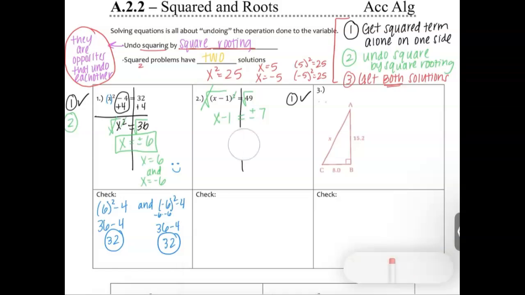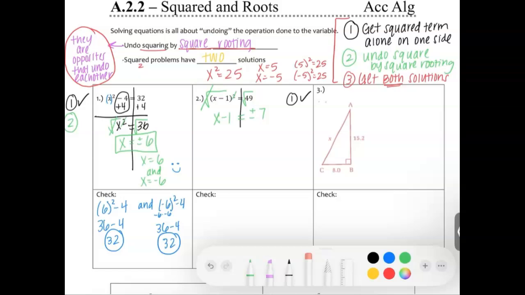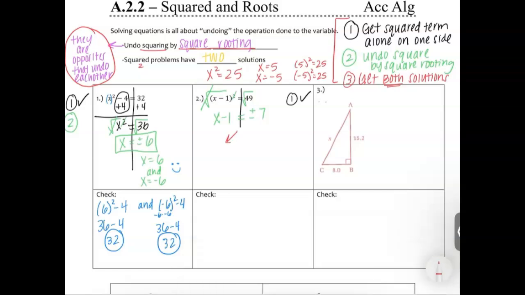Step 3 says solve for both equations. Well, one of the equations is x minus 1 equals the positive 7. The other one is that x minus 1 equals negative 7. So we're just splitting up into two equations now.